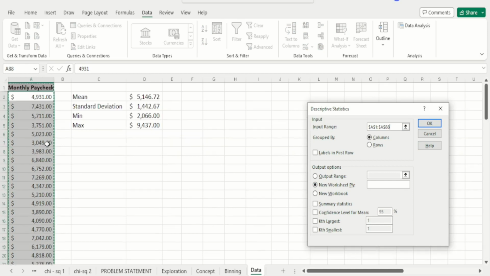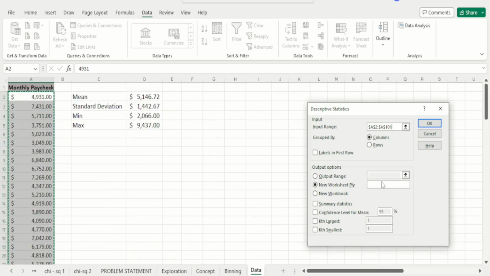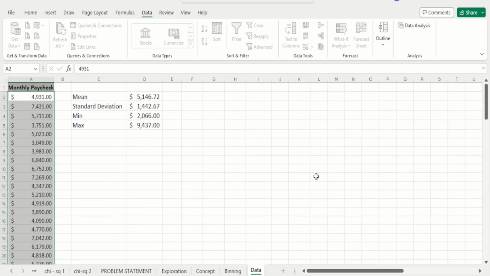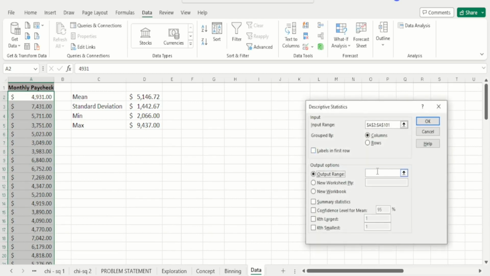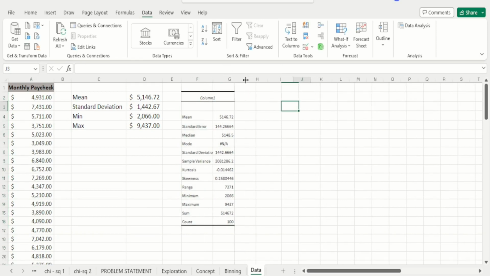Input range is going to be the data range. And then where do we want our output? Let's say right here. You'll have to select at least one of these 4 options. The one we'll select is summary statistics. Click on that, click on OK, and there you are. These are your summary statistics.